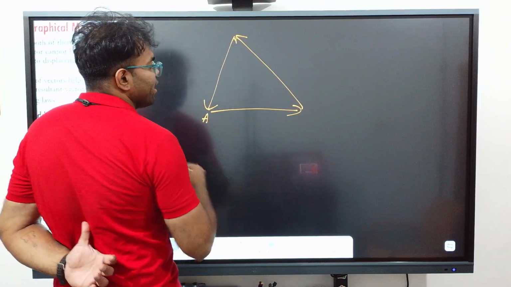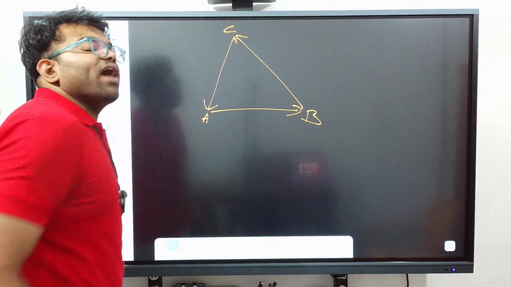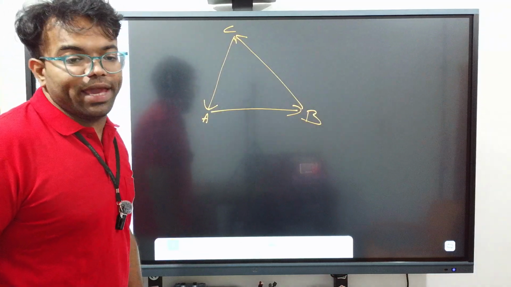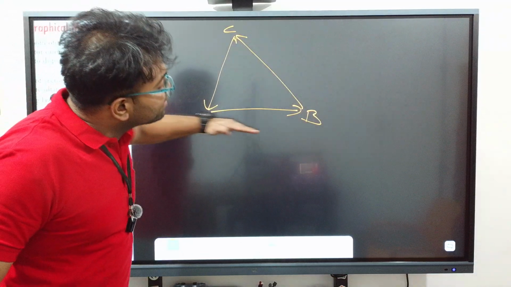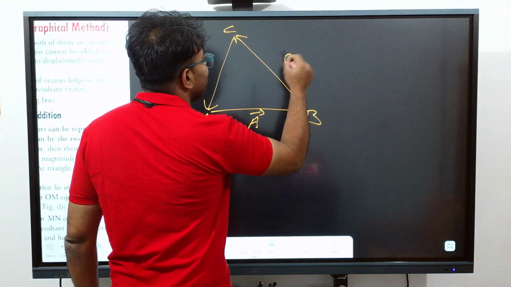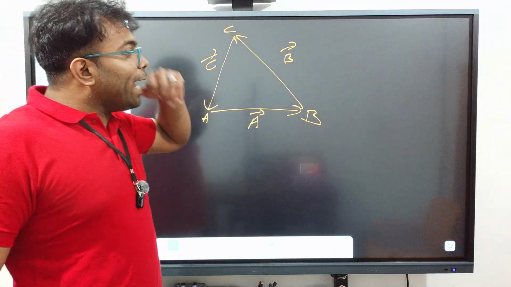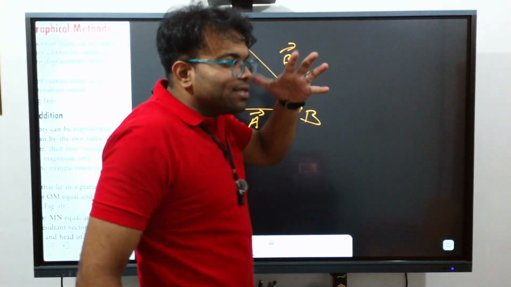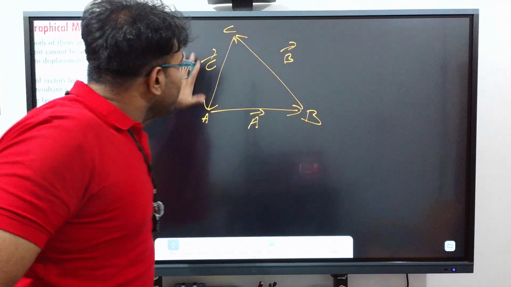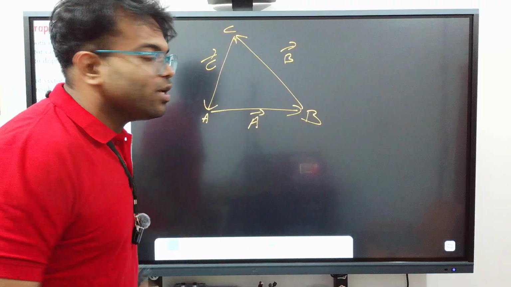So you started from A, you went to B, you started from B, you went to C, but finally from C you came back to A. So these three vectors A, B and C have three different magnitudes, but the direction is acted upon in such a way that this is what the order looks like.